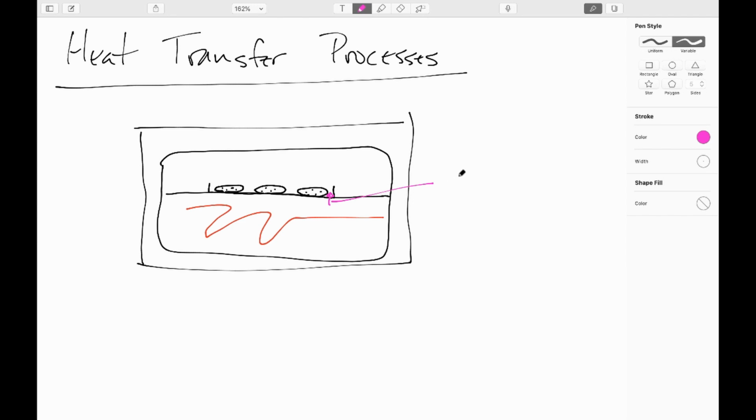This is heat transfer by conduction. It's the most efficient transfer process and involves direct contact between the substances.